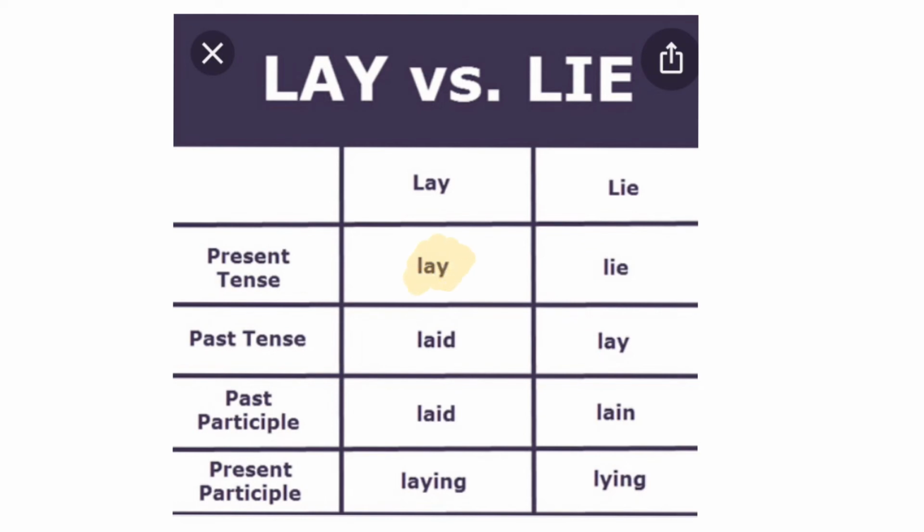On this conjugation chart, you can see how we have these two words that repeat. Lay is both a form of lie and the word or verb lay itself.